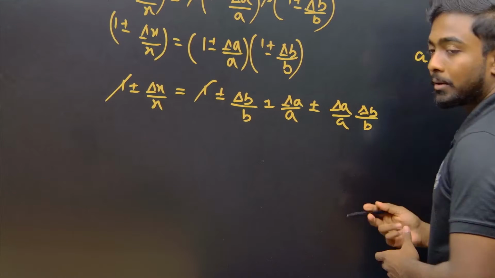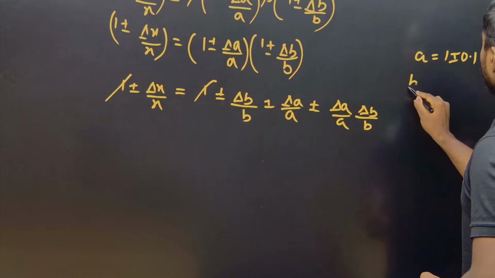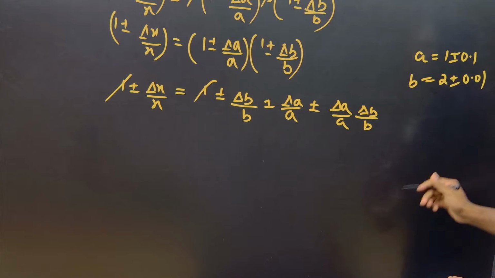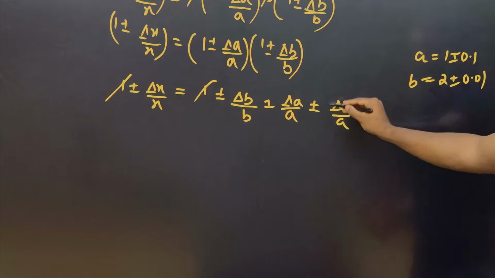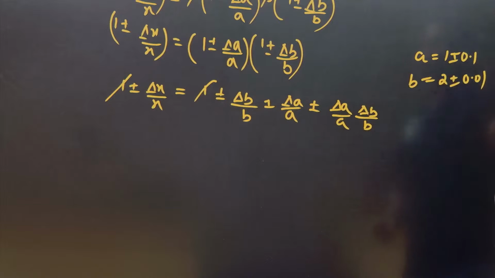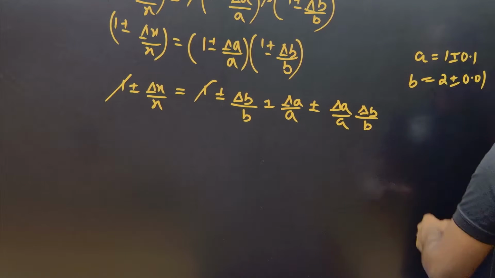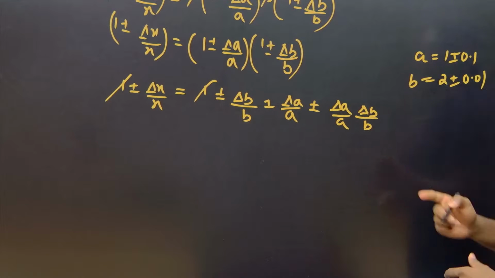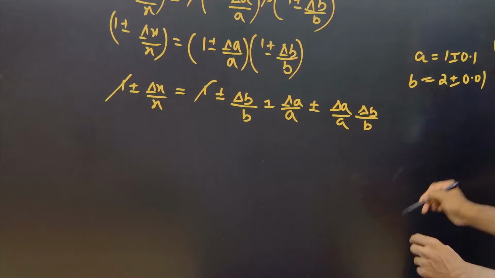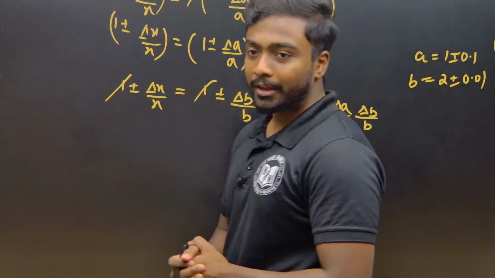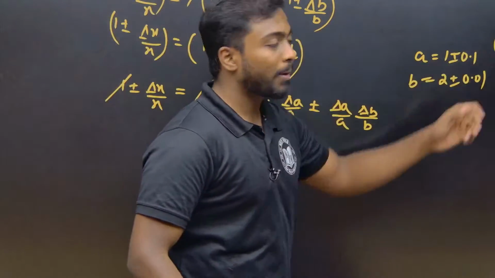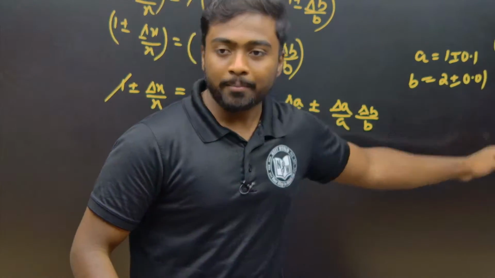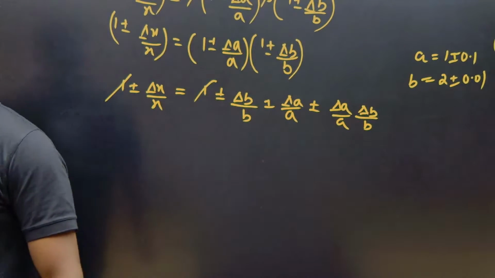And one more thing, if you note it, suppose a is equal to 1 plus or minus 0.1, and b is equal to 2 plus or minus 0.01, for example. Then delta a by a is 0.1 by 1, and delta b by b is 0.01 by 2. If I multiply both of them, the value will become smaller again. 0.1 into 0.01 divided by 2 is 0.001 by 2.